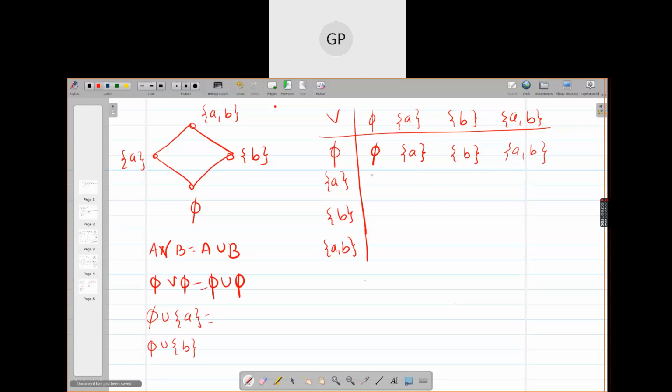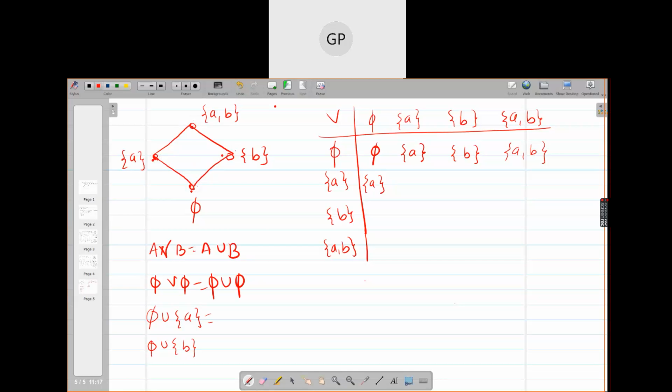A union phi is A then. Yes. Look here and above, we are now discussing phi and A. So what are the upper bounds of phi and A? The upper bound of phi is A. Right? I am speaking excluding phi itself. And the upper bounds of phi are A, B and AB. All these three are upper bounds of phi.